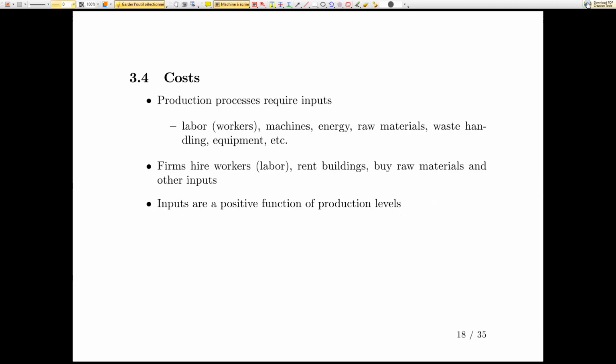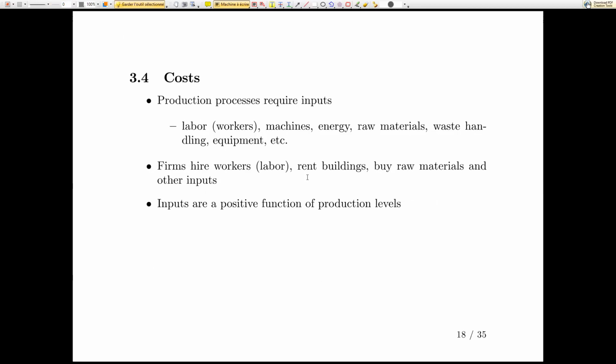All right, so cost. Cost is quite easy. It's the reverse of the demand side. A production process requires inputs, and these are the costs of production: labor, workers, machines, energy, raw materials, waste handling, equipment, etc. Firms hire workers, rent buildings, buy raw materials.